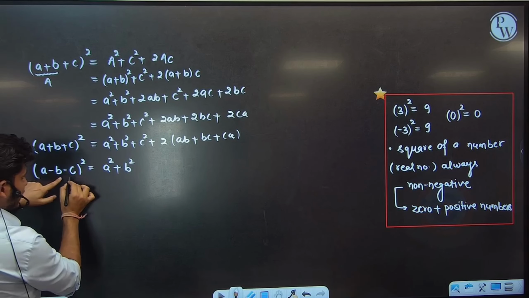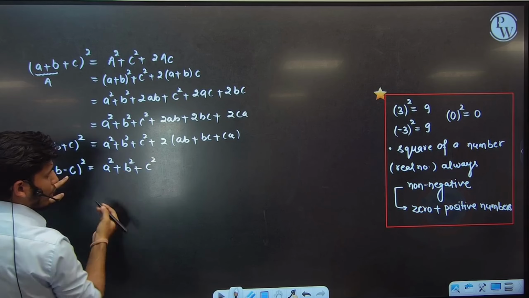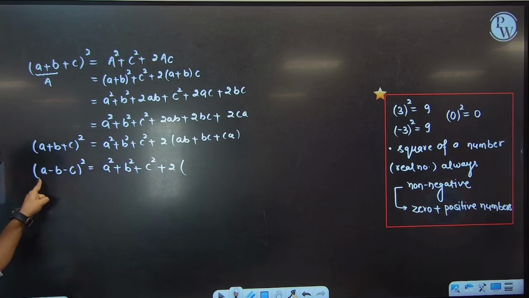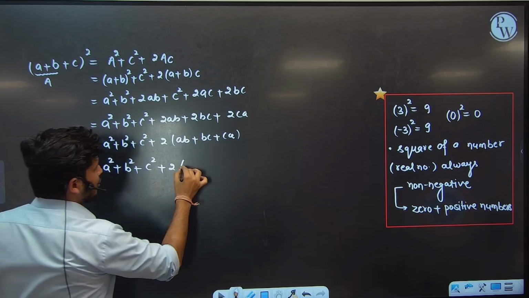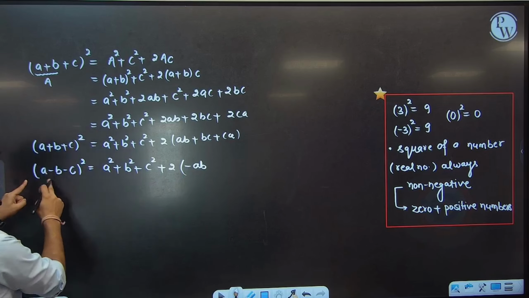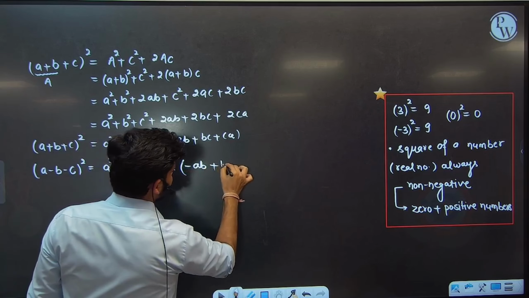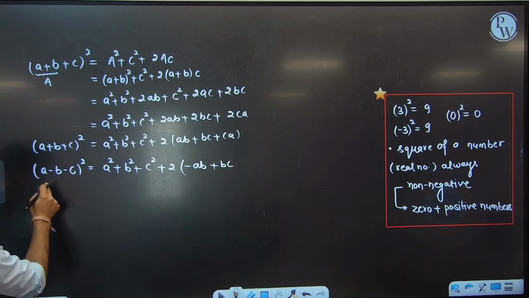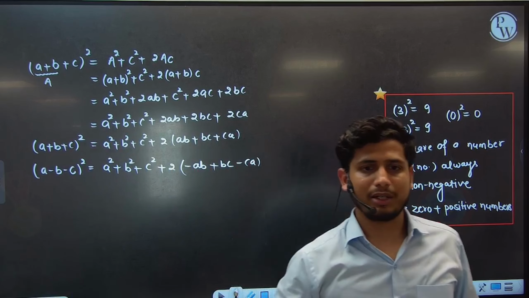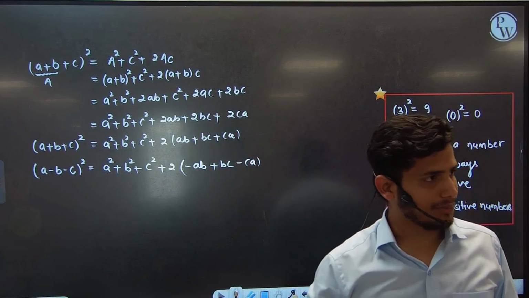Here minus c also plus c. Now twice of ab, multiplication of both these numbers, so plus minus minus, so here you get minus ab, plus here minus minus plus, so plus bc, and now minus plus minus c. So this is the formula of (a minus b minus c) whole square.